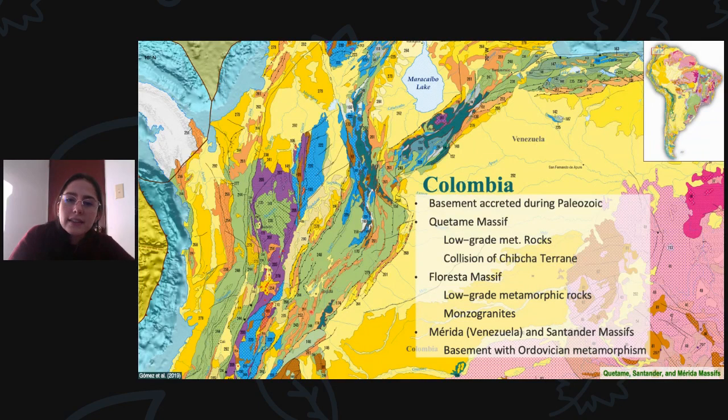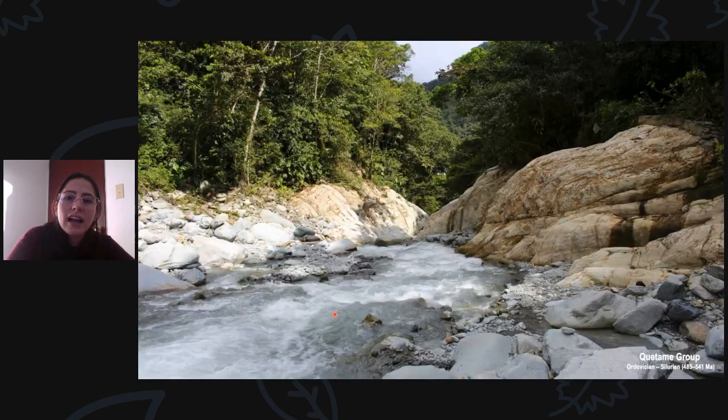Now we will see an outcrop in the Quetame Massif, just right here. These rocks are of the Quetame group and have been identified as metaconglomerates and phyllites from pre-Devonian times. Those are low-grade metamorphic rocks that possibly record the collision of the Chibcha terrain.